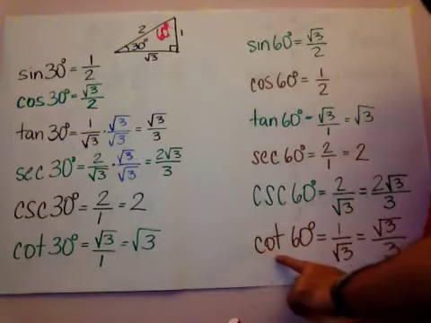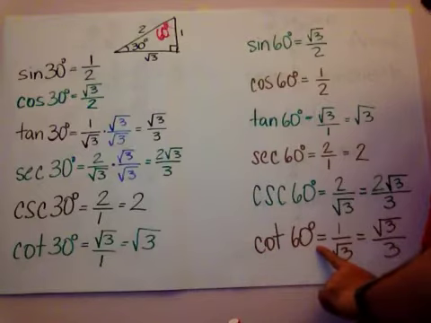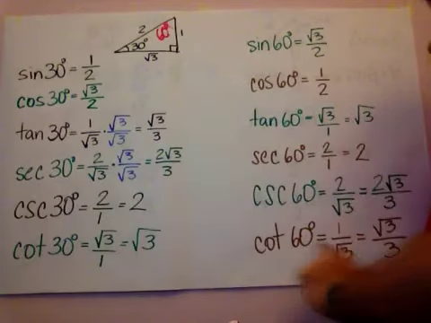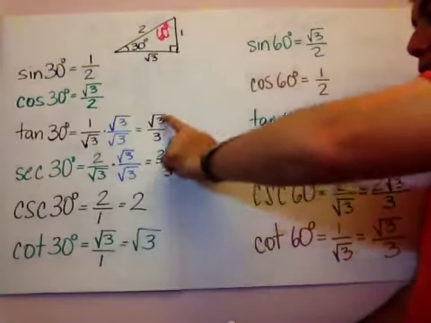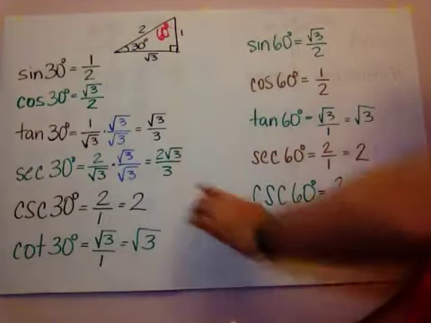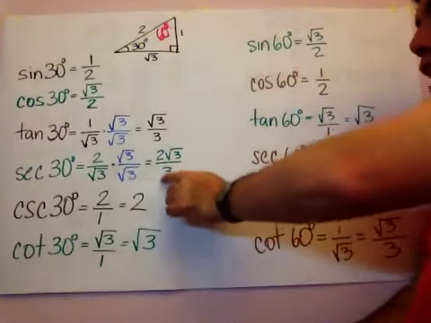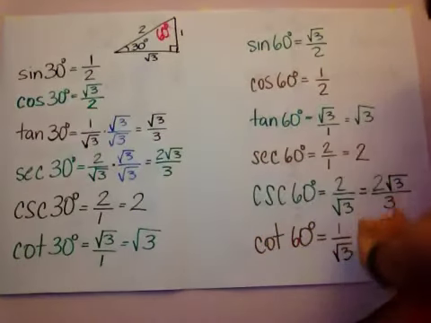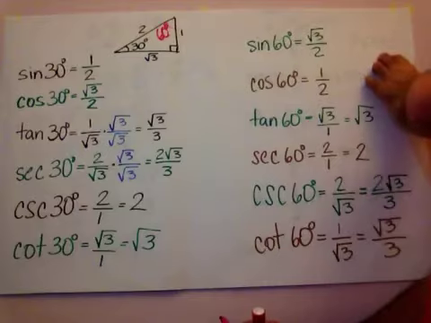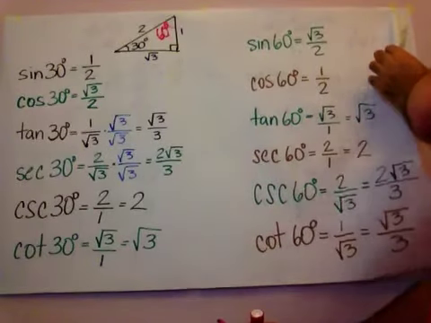And finally, cotangent of 60 degrees, which is the reciprocal of the tangent, 1 over the square root of 3. And as you saw over here, that becomes square root of 3 over 3. The idea with these is not to have a square root in the denominator. Okay, those two angles, very important.